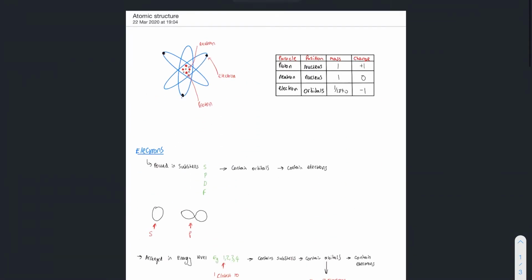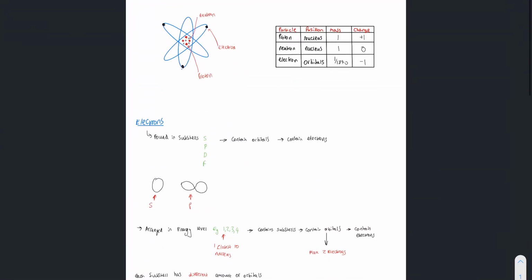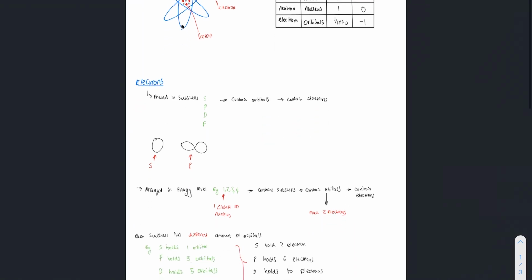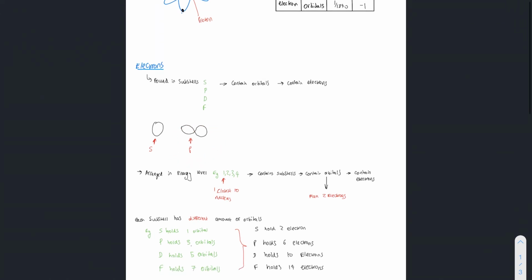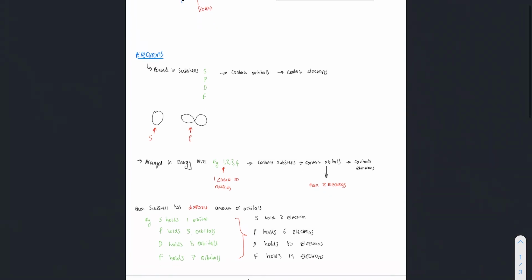So, to summarize then, what is an electron? Electrons are found in subshells S, P, D, and F. These contain orbitals, which in turn contain electrons. This is an S subshell, this is a P subshell. Electrons are arranged in energy levels 1, 2, 3, and 4, and obviously further atoms have more, it goes up to 5, 6, 7.